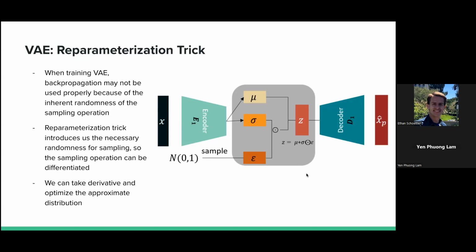When training, backpropagation may not work properly, so we use the reparameterization trick to introduce the necessary randomness for sampling so that the sampling operation can be differentiated. With the reparameterization trick, we can take the derivative and optimize the approximate distribution.